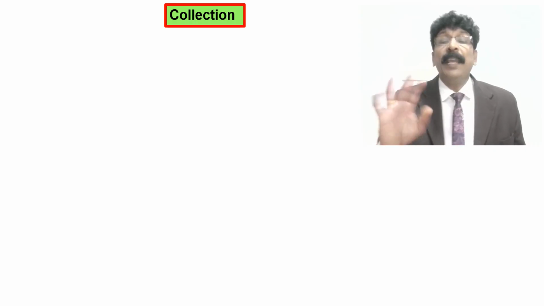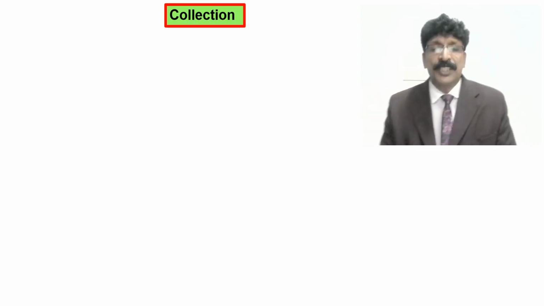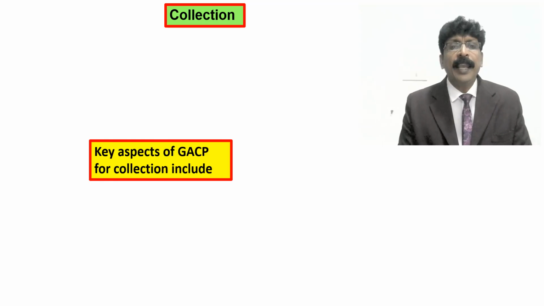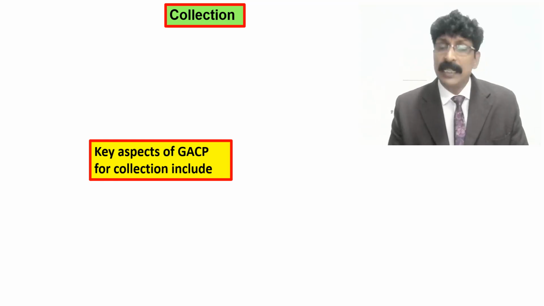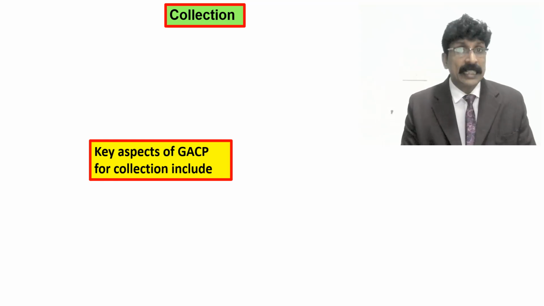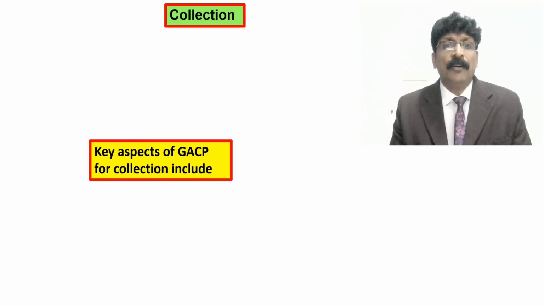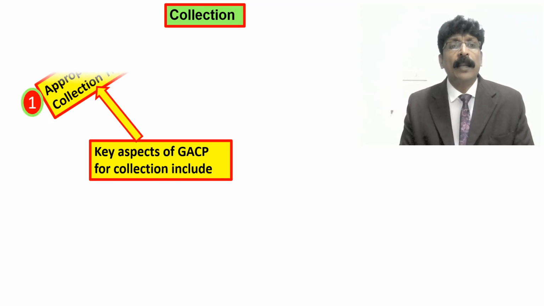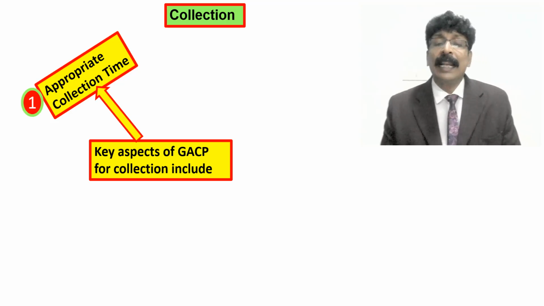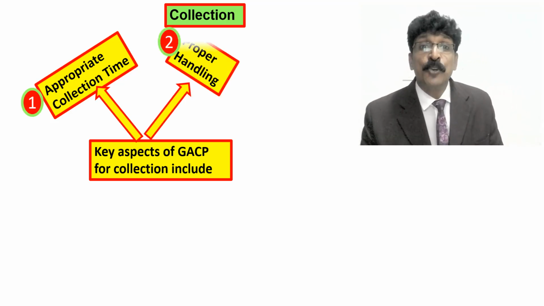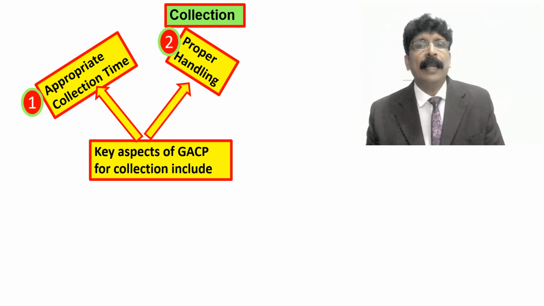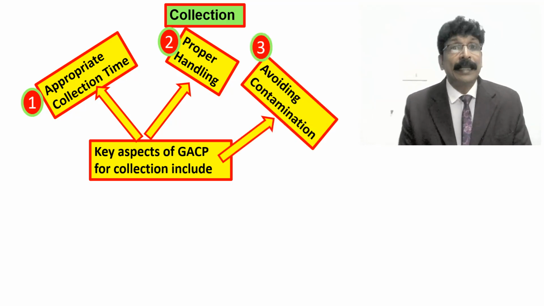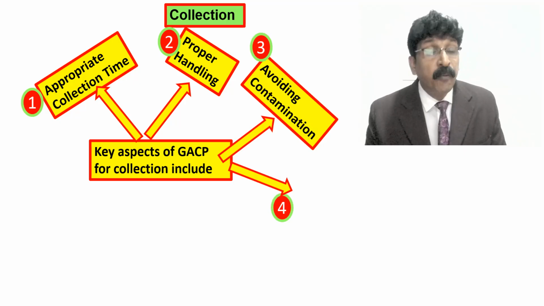This can even be written as harvesting also, which is a part of collection. Key aspects of good agriculture collection practice for collection include: 1. Appropriate collection time. Number 2. Proper handling. Number 3. Avoiding contamination. Number 4.